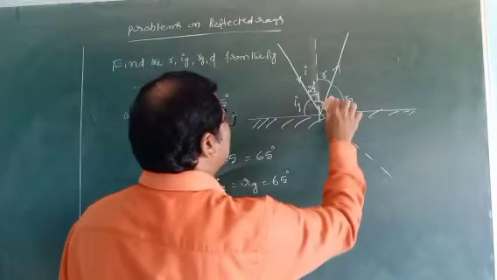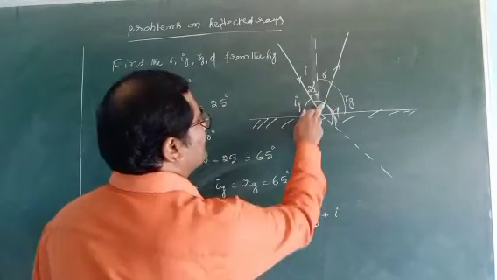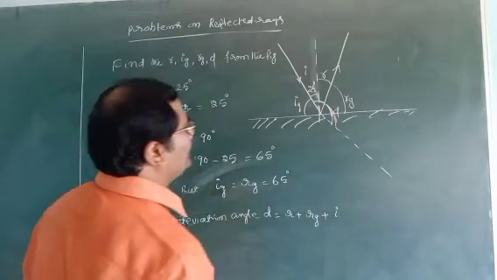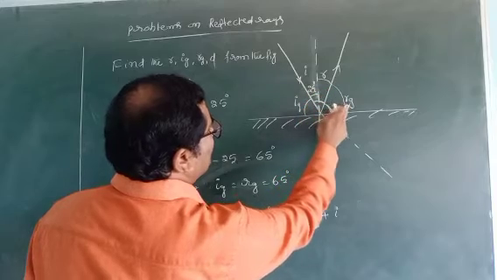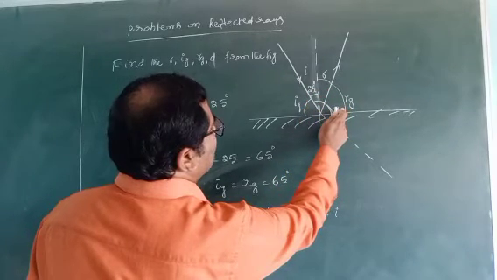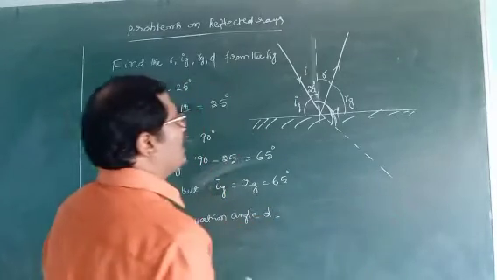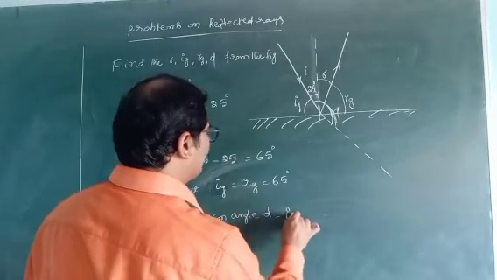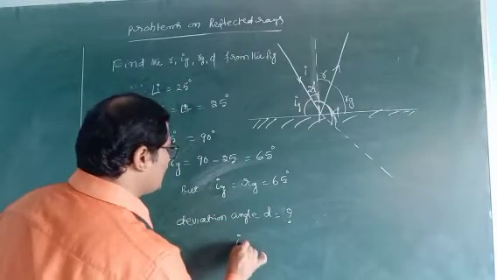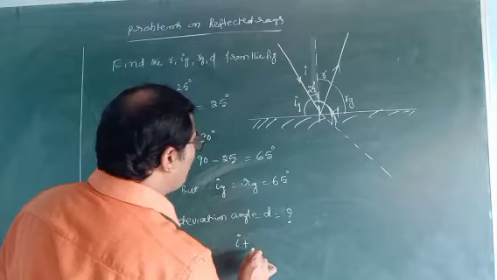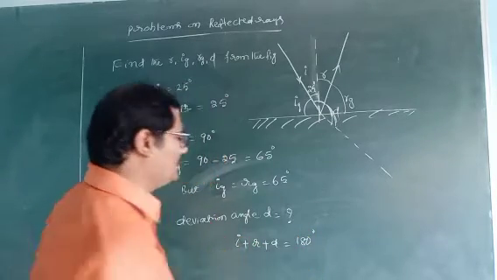This is the deviation angle D. To find the deviation angle, we directly write I plus R plus D is equal to 180 degrees.